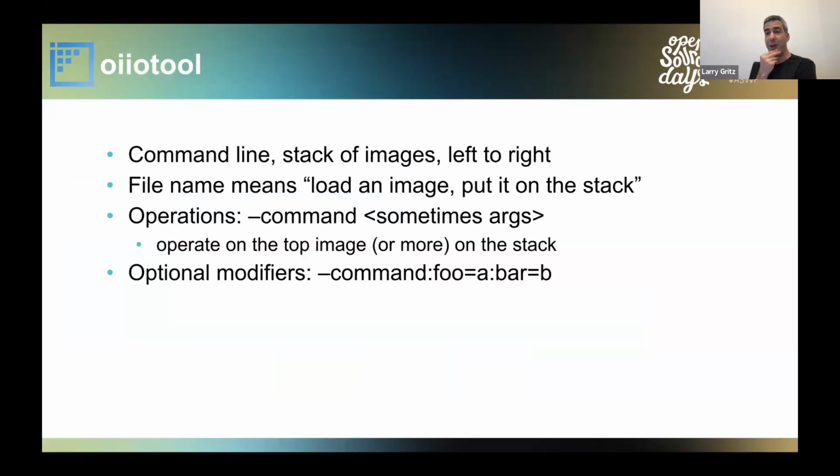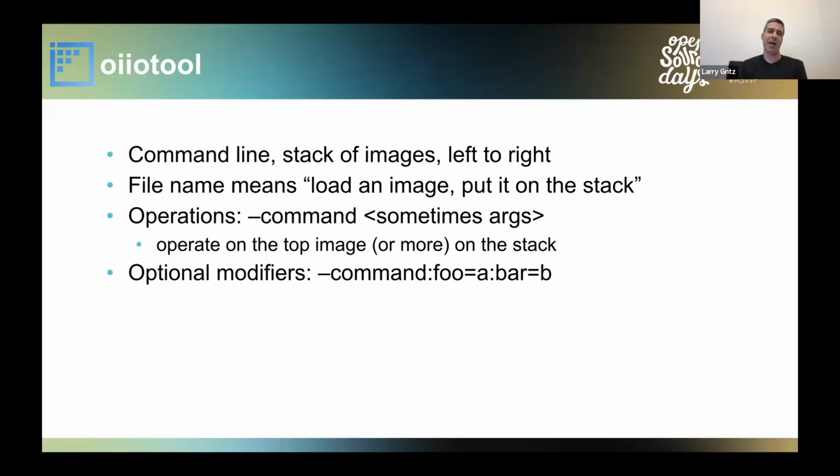So for a lot of people, their main use of OpenImageIO at all is through this command line utility. So it's worth talking a little bit about the kind of things it can do, because it's super flexible. So it's command line oriented. The command is the arguments, and it's basically a state machine with a stack.